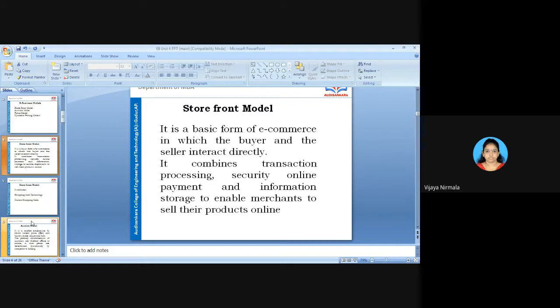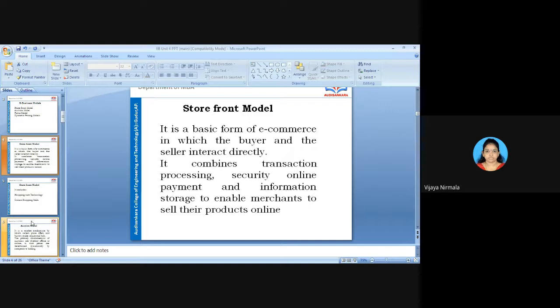security, online payment, and information storage to enable the merchants to sell their products online. So there will be a direct interaction between buyer and seller.